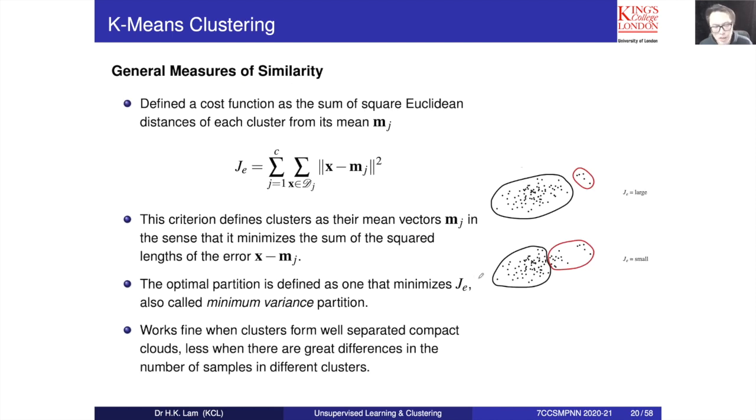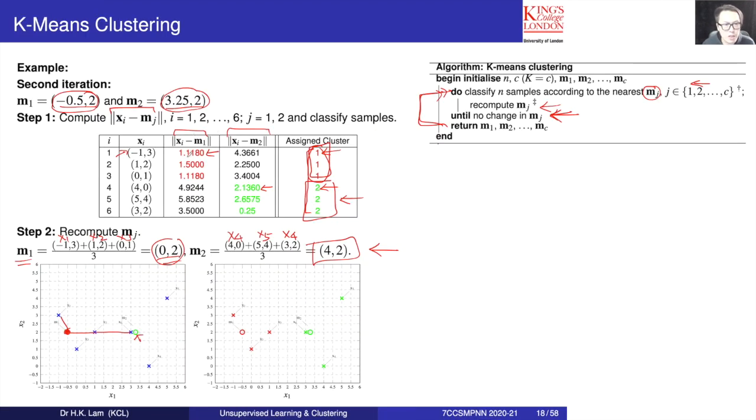Okay, and now when we talk about k-means clustering, the algorithm is to minimize the sum of errors. The sum of errors, that is right here. So we are going to minimize the sum of the errors. When I talk about the error, that is the error distance, xi minus m.